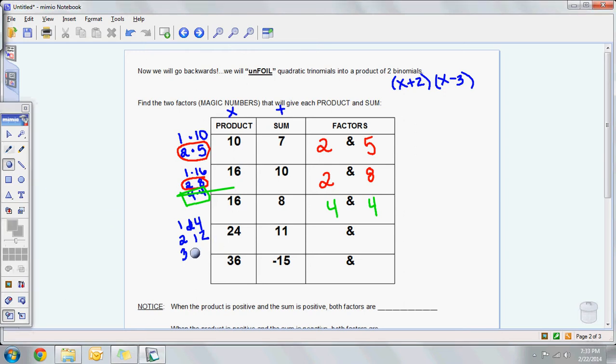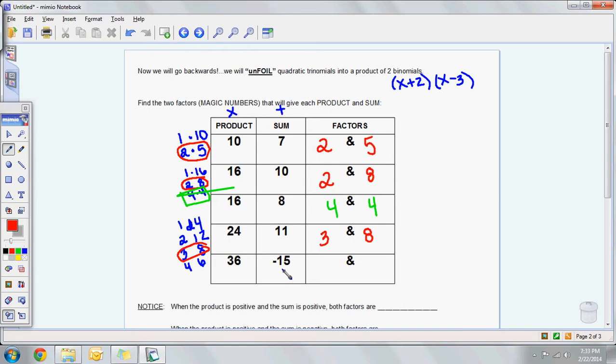Thinking 12. 3 and 8 will give you 24. 4 and 6, and I think that's it. All right, so now we want to look what will add to give you 11, and that would be our 3 and our 8. So hopefully you guys are seeing this magic number business.